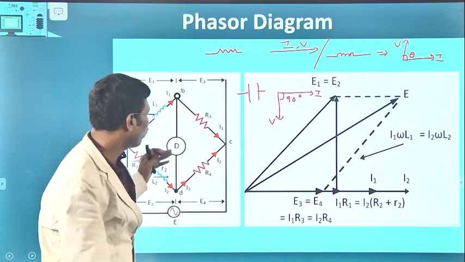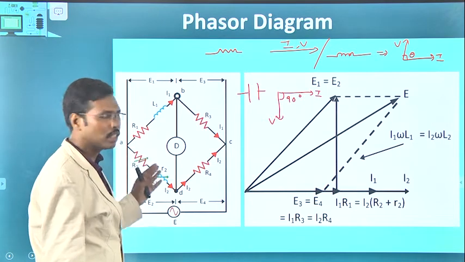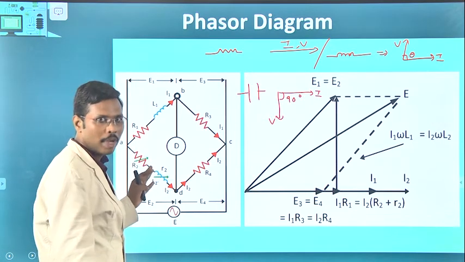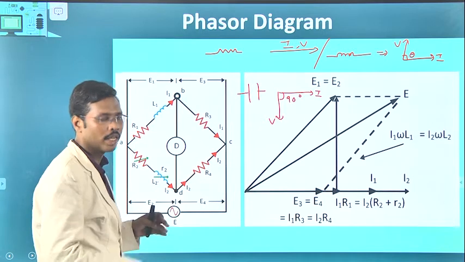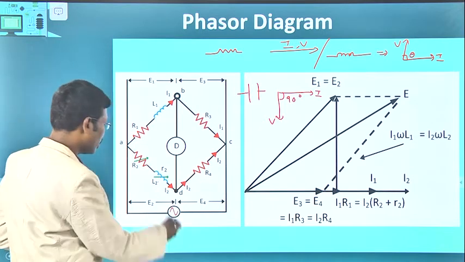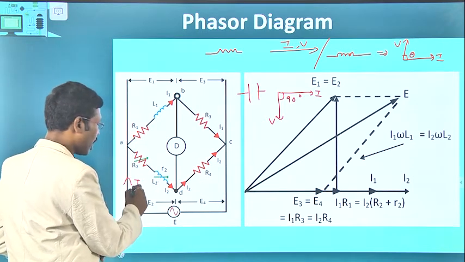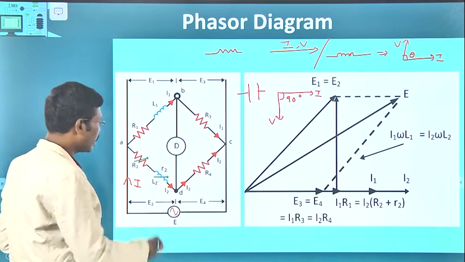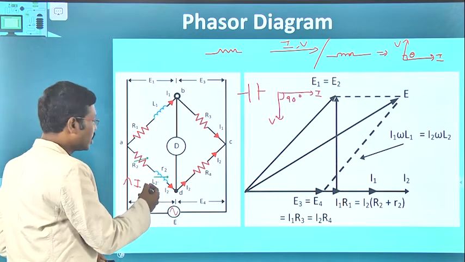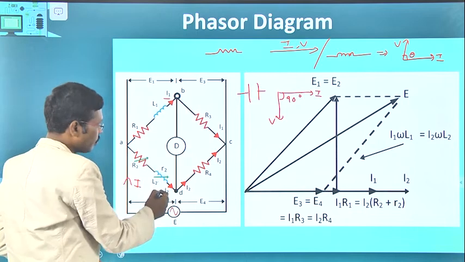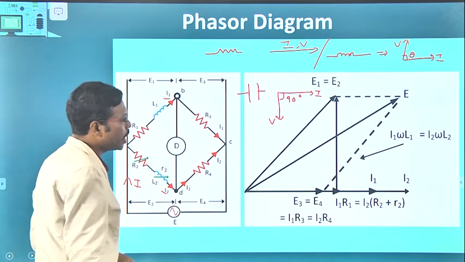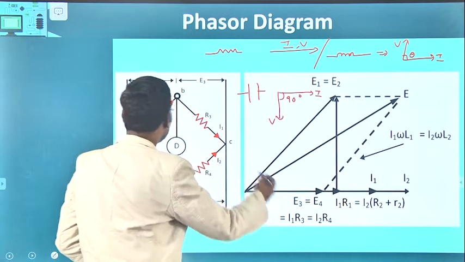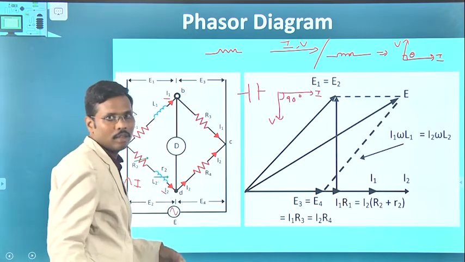So, now we will try to represent these currents and voltages in this Maxwell inductive bridge using the phasor diagram. For that, let us assume the total current in the circuit is capital I, and at node A it is divided into two parts, I1 and I2. I am taking the phasor of current I1 as the reference.